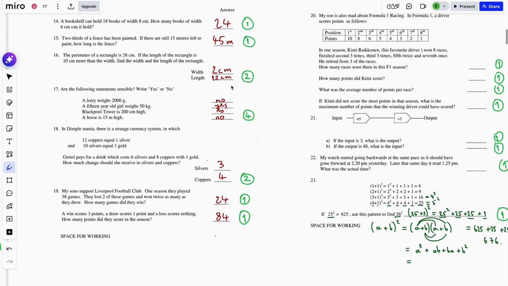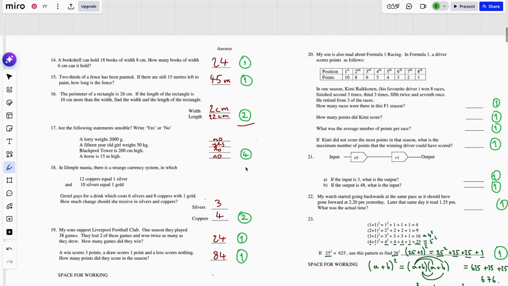I'll just mention that on this page we're seeing questions that have more than 1 mark. How should these be marked? The ones here with 2 marks each, since the number of silvers and number of coppers are so dependent on each other, if all you've written is the answer and one of them is wrong, so let's say you've got the right number of silvers but the wrong number of coppers, you wouldn't get any marks unless you have some working.